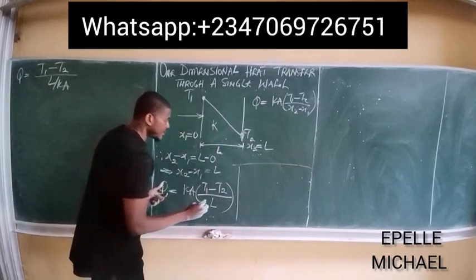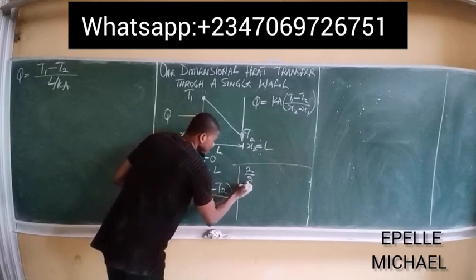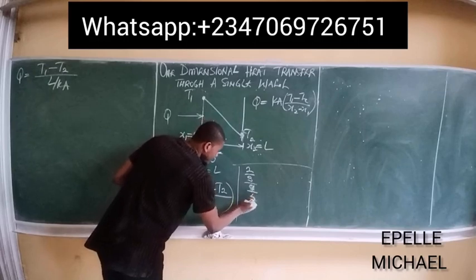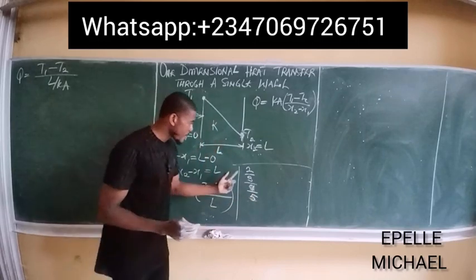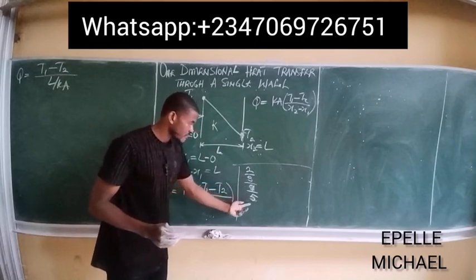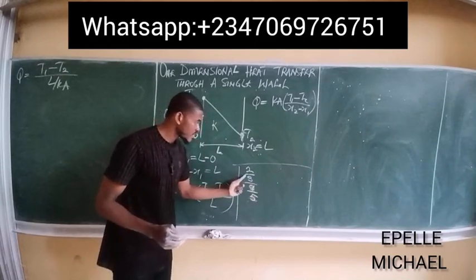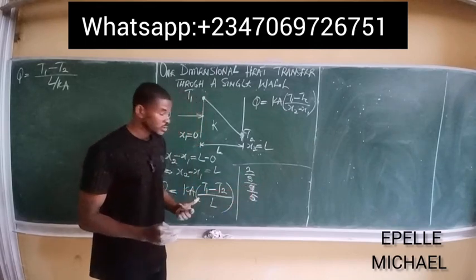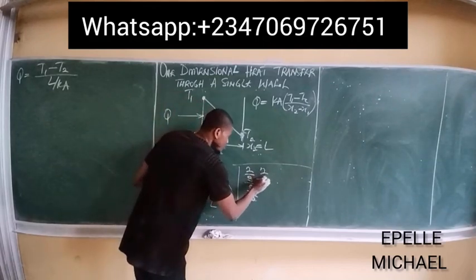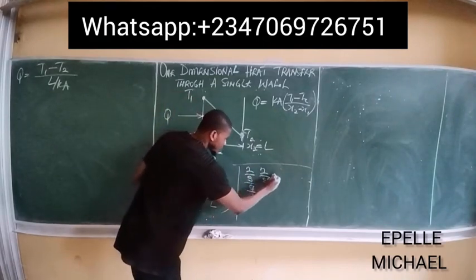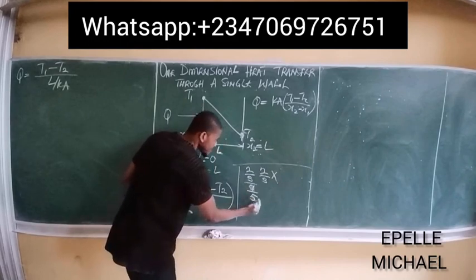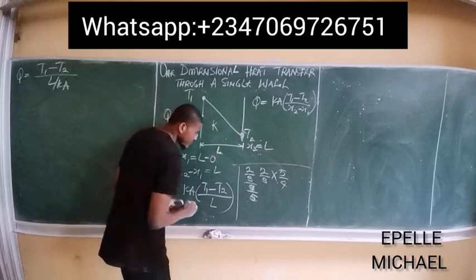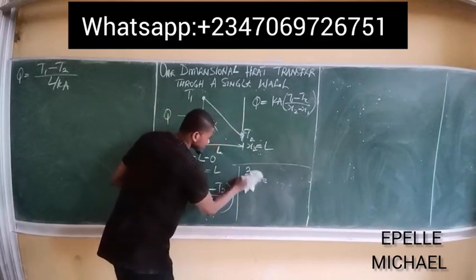Normally, if I have 2 divided by 3, all over 4 divided by 5, so 2 divided by 3 is dividing 4 divided by 5. If I want to change the division to multiplication, the rule says it becomes 2 divided by 3 times, and I have to invert, taking the 5 up, so it becomes 5 divided by 4.